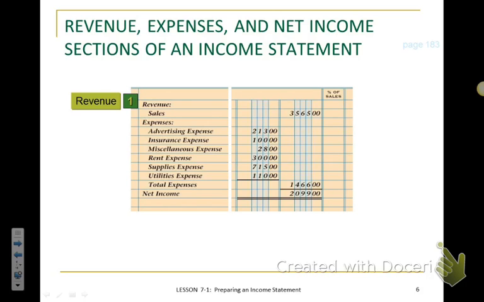That's not what they are in an income statement. We're going to think of these as total columns, if you will, and then the details column. So these are the totals, and this says details.